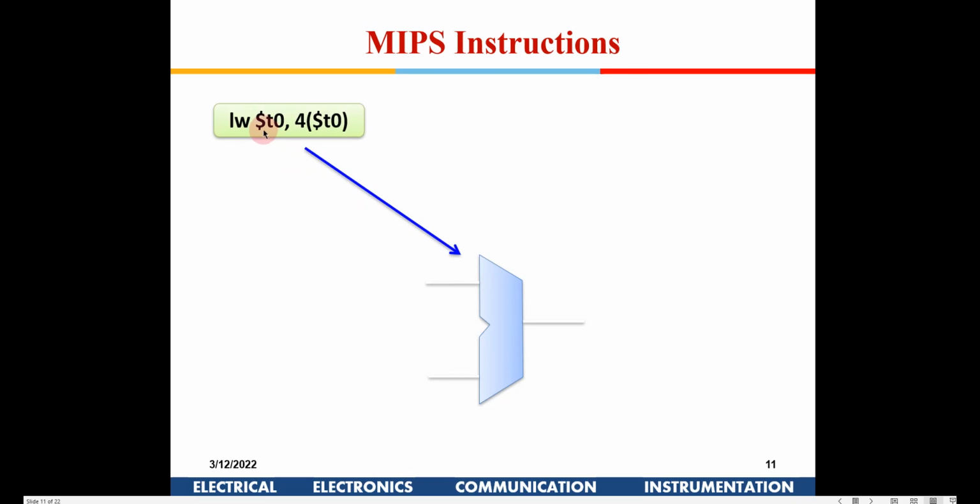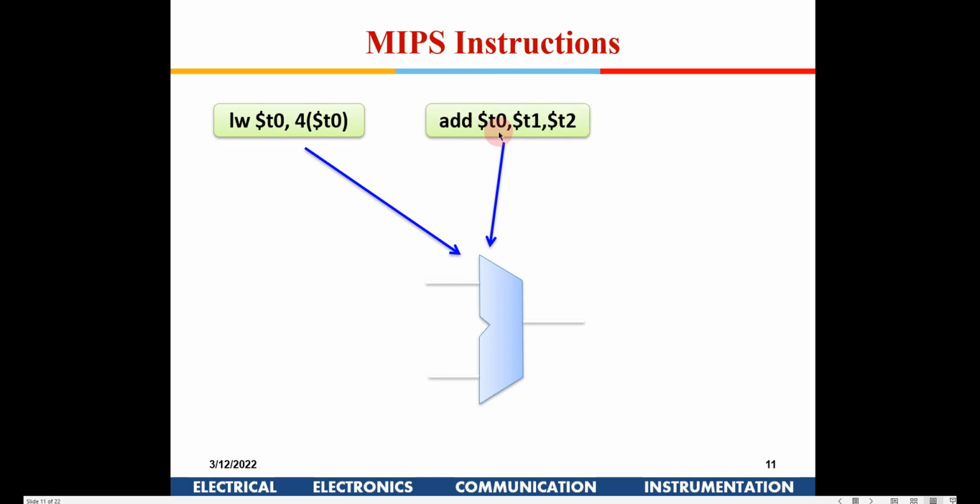If you see here, when I write load or store, this dollar sign means it is the register serial number, and then T0, like load data into the T0 register, or store data into the T0 register. These are the kind of instructions you can give.